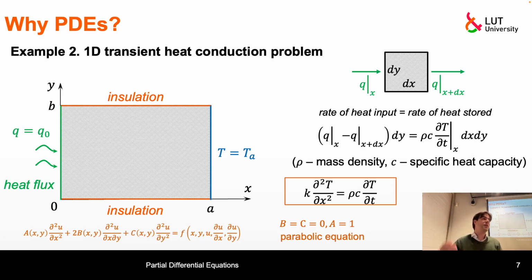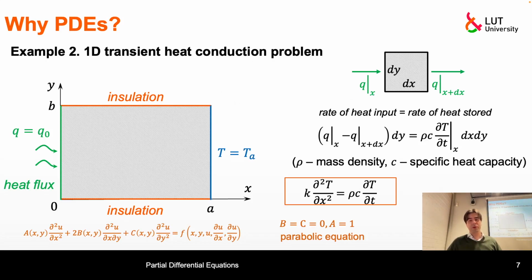It might be a Heaviside function, or a linear distribution in time, and then we, for instance, keep it constant, and it's heating up this plate or this stripe, and we are interested in how temperature is evolving in time. That actually produces a different type of differential equation according to our classification.